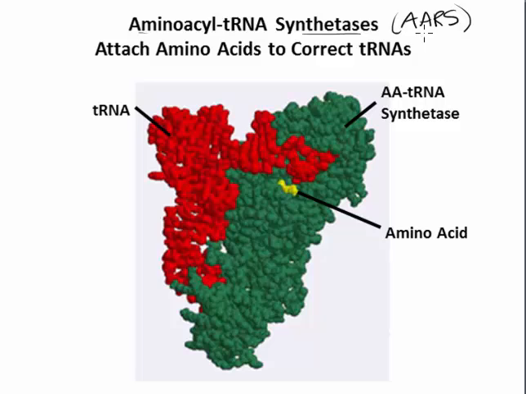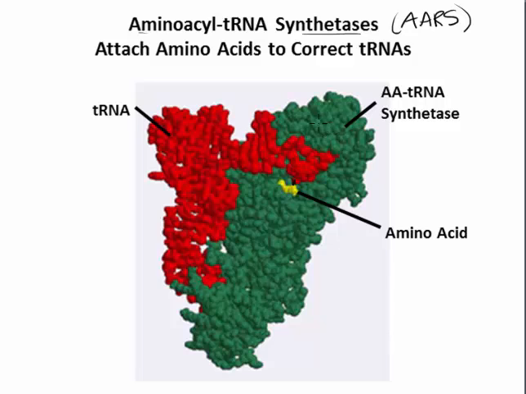So this is the class of enzymes that's responsible for recognizing every single one of the 20 amino acids and finding the correct matching tRNA and covalently linking the tRNA and the amino acid together, right? This is referred to as charging of an amino acid, so covalently linking it to its cognate amino acid.